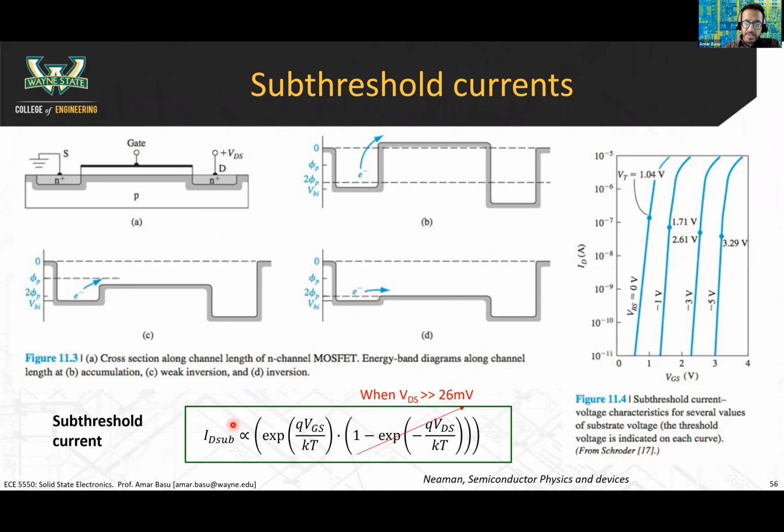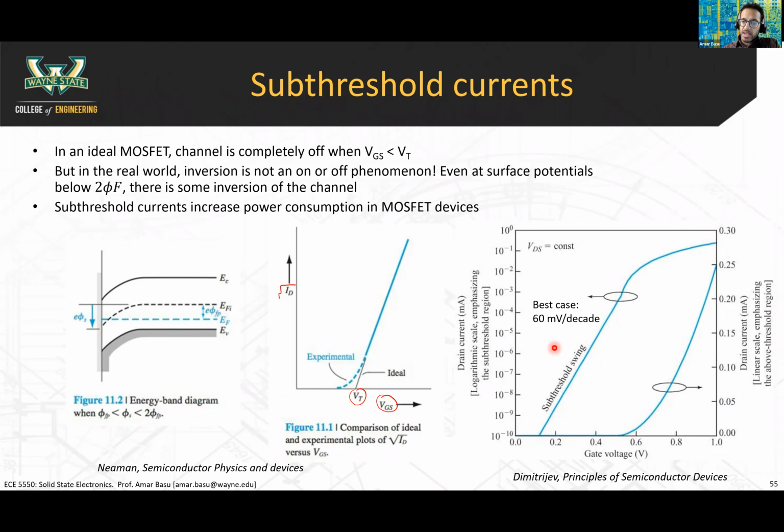So this equation is telling us that the drain current is proportional to the exponential of VGS divided by KT over Q. Anytime you have an exponential relationship and you plot it on a log scale, it looks like a line like this. And this line increases at 60 millivolts per decade.